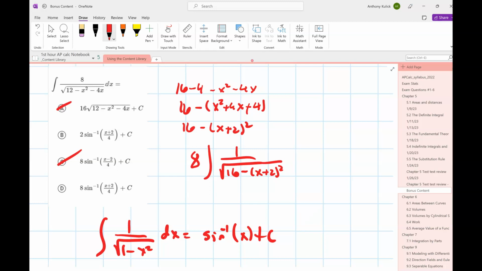That didn't work out the way I thought it was going to. Okay, I see it. This is brutal. Get ready. So I'm going to factor out a 16 from this.